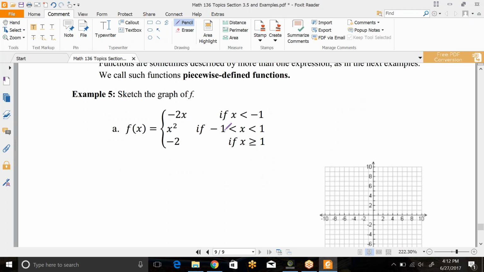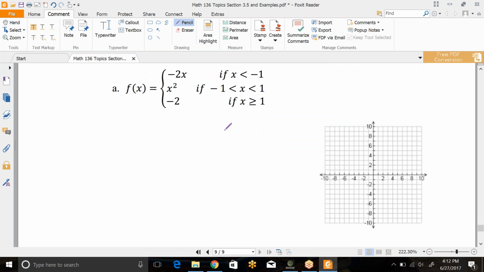There are 3 rows on this function right here. When there's 3 rows, there's going to be 3 separate tables that we're doing. So each of these lines is going to be a table. So -2x is going to have an XY chart. And you could do these by transformations, but I find students usually mess that up and it's a little more difficult for them. Tables of values are a little bit more comfortable for everyone.